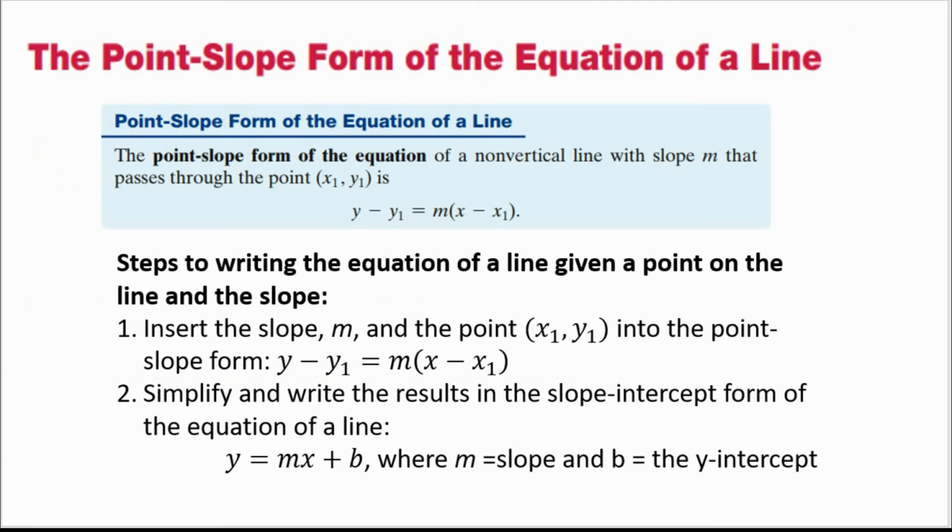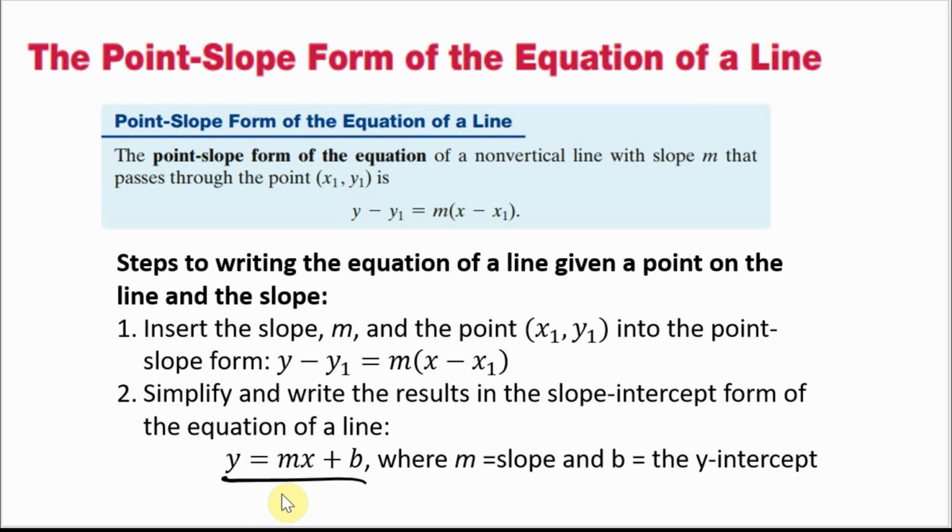Step number 1, steps to write the equation of a line given a point on the line and the slope, given those two things. I'm going to insert the slope and the point into the point-slope form, and then simplify it, and then finish it off. That is, just write it like this. In other words, just get y by itself.